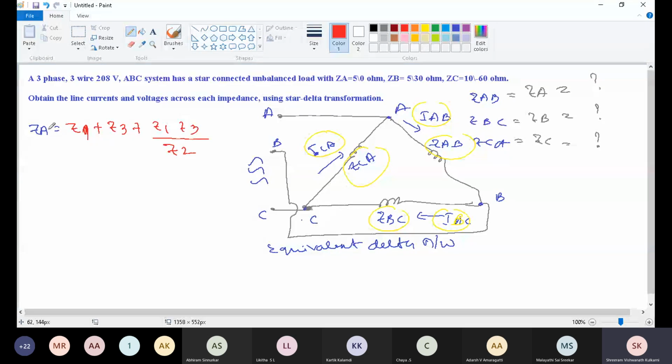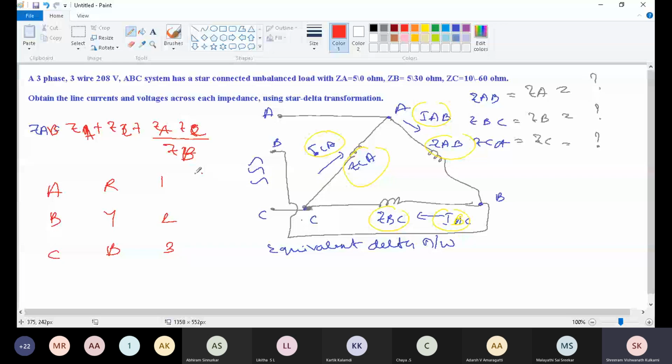So this one is A, 3 is C, A to C, 2 is B. In the question for the star they have given ZA, 1 is A. I can take this one.